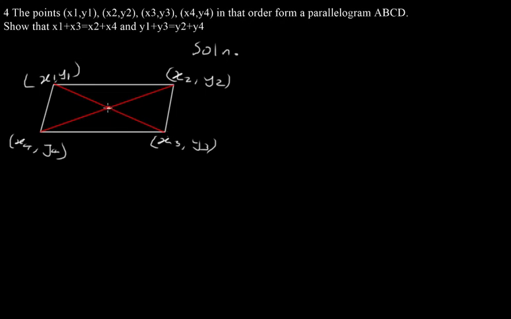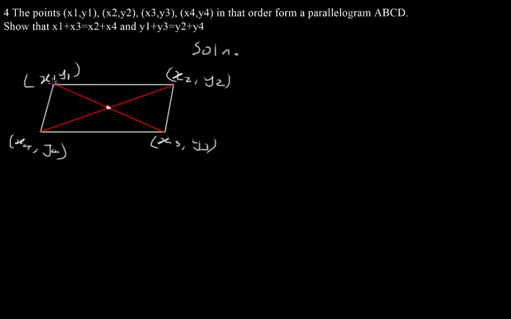These diagonals are meeting right there. If they're meeting right there, this is the midpoint of this diagonal, and it is the midpoint of that diagonal. So we agreed as well that the point of intersection of the two diagonals is a mutual midpoint of both diagonals, and this means their midpoints are equal.